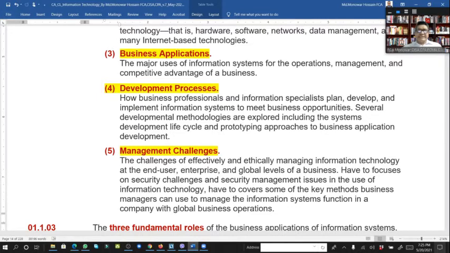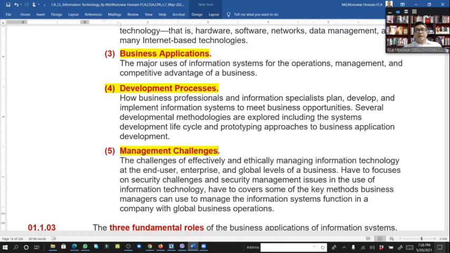So the management challenge: that type of development is going to happen very rapidly. The management challenge is the challenge of effectively and technically managing information technology at the user, enterprise, and global level of business. That means a focus on security challenges, security management, IT security, an issue of use.